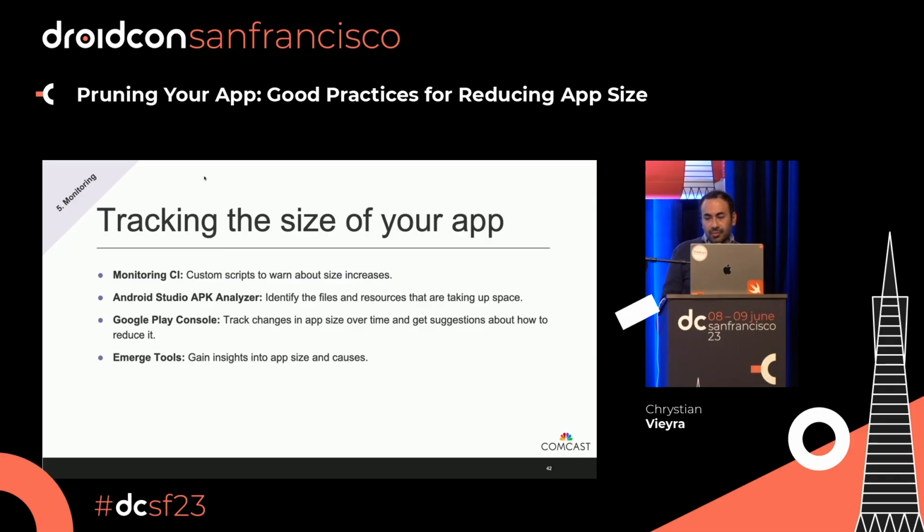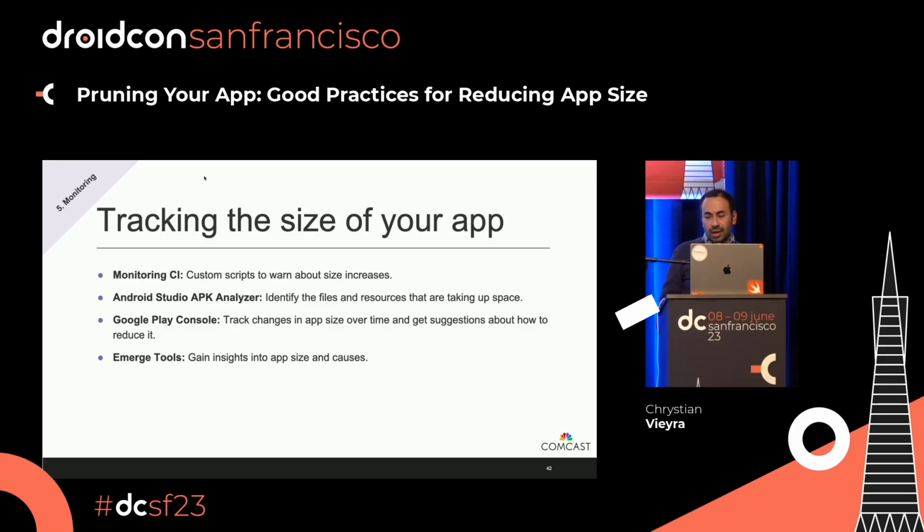And finally, I'm going to talk a little bit about how you can track the size of your app over time, how you can keep monitoring what changes go into your APK and why it is increasing in size or not. And you can do this multiple ways. You can do it using custom scripts that will warn you about app size increases.